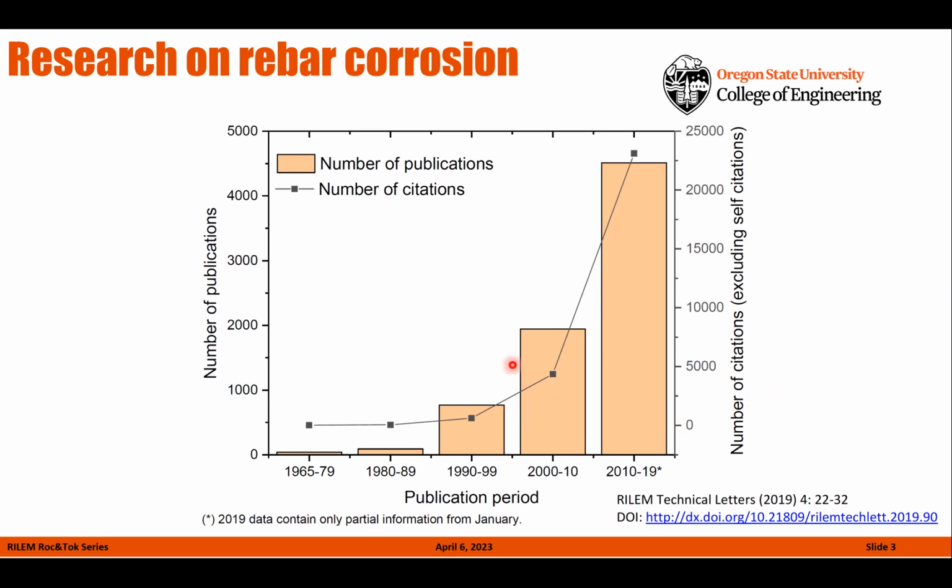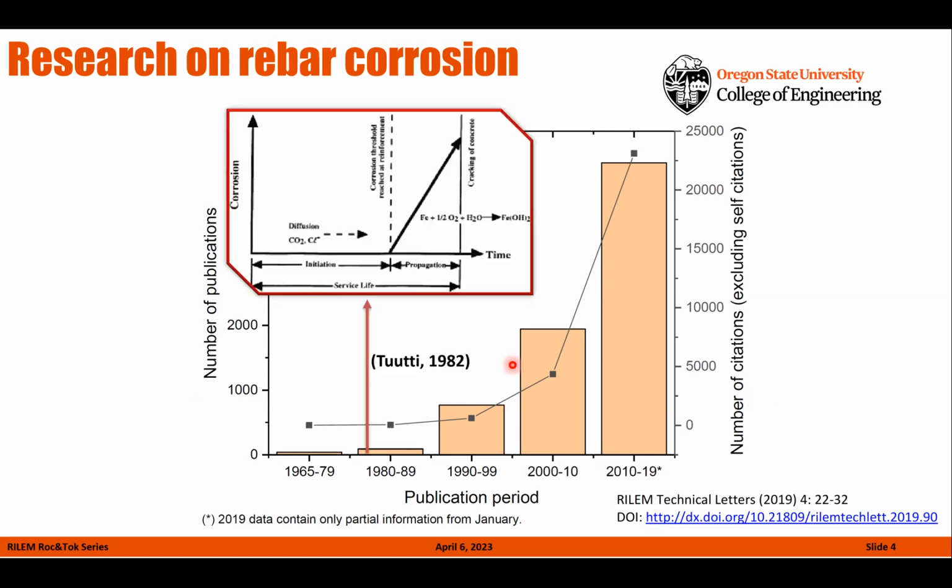The onset of this significant increase coincides with the publication of Tuutti's 1982 paper, which basically described the reinforcement corrosion problem in concrete as 2 independent stages separated by a distinct event, which is basically corrosion initiation.